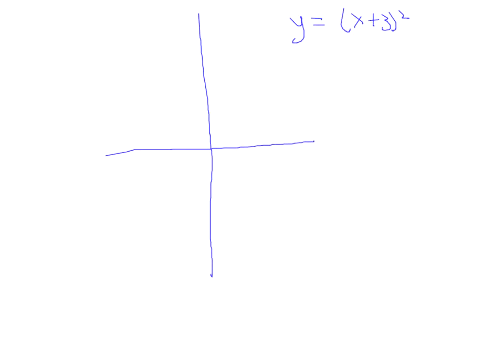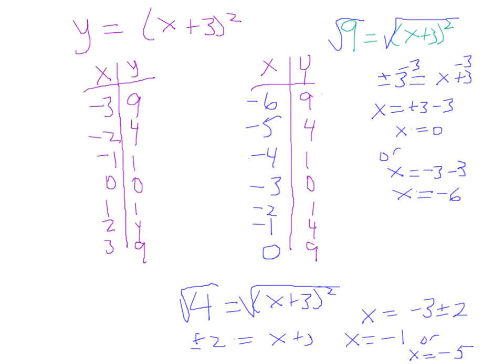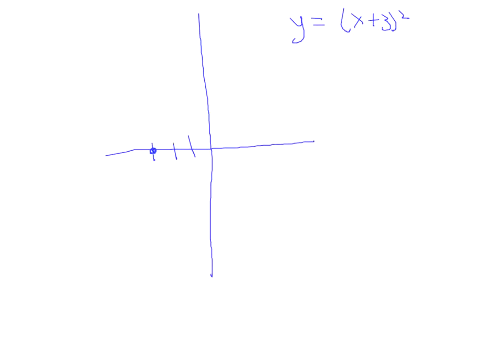What happens is this plus 3 actually moves the vertex over to negative 3 comma 0. You can see that right here. And so the graph looks the same in terms of shape, but it's been slid over horizontally. So this ends up being a horizontal translation, not of plus 3, but of minus 3.